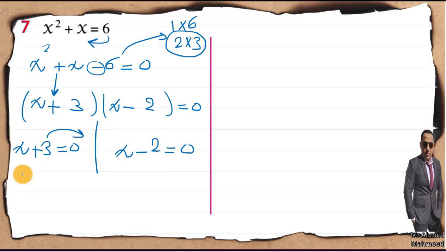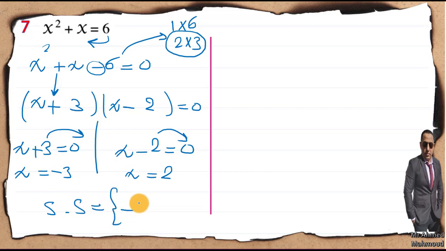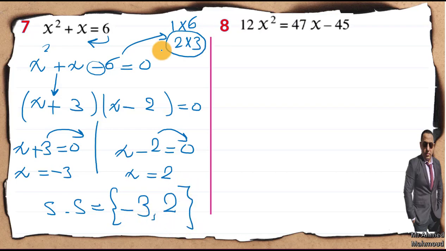Send 3 to the right side, so x equal negative 3. Send 2 to the right side, so x equal positive 2. The solution set equal negative 3 and positive 2.